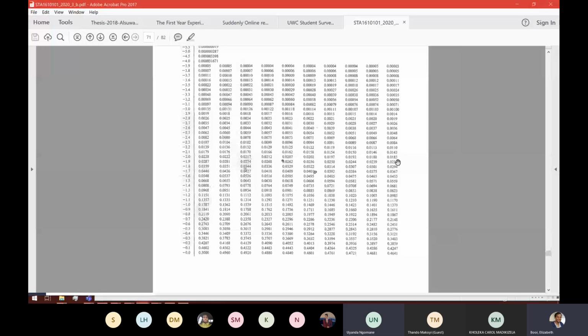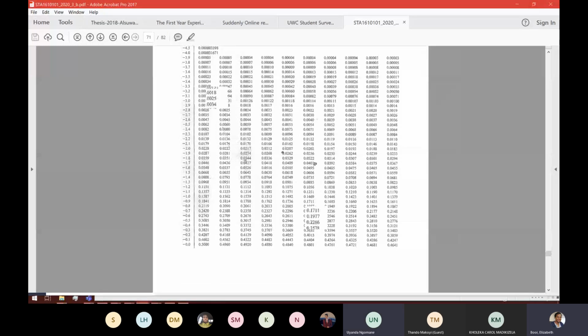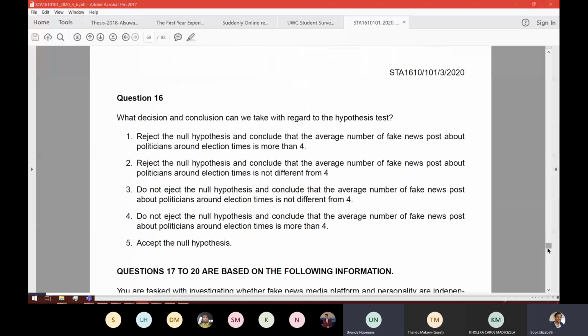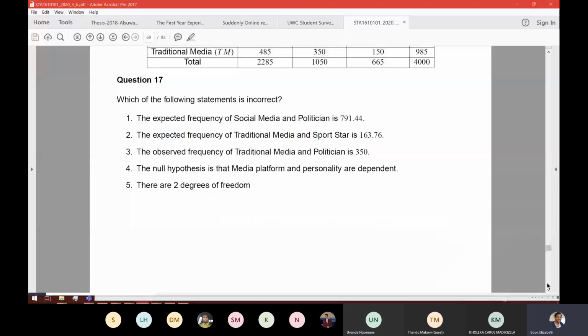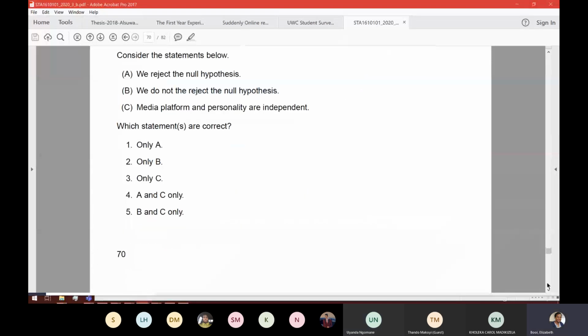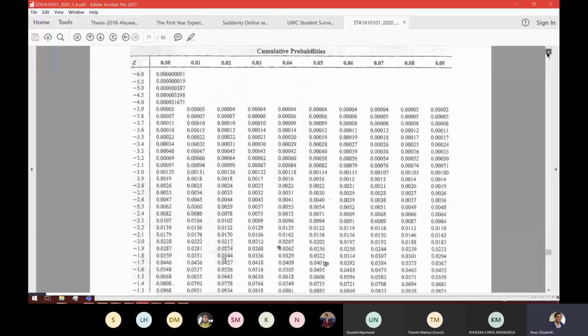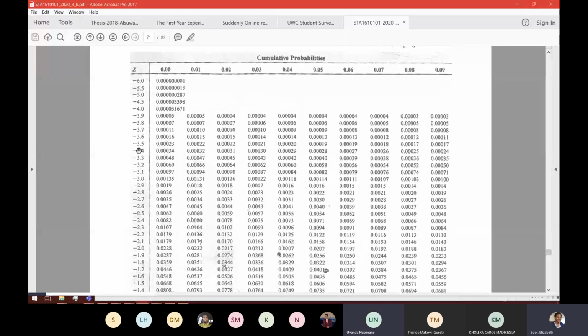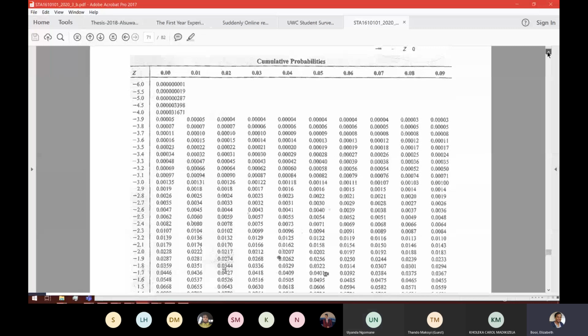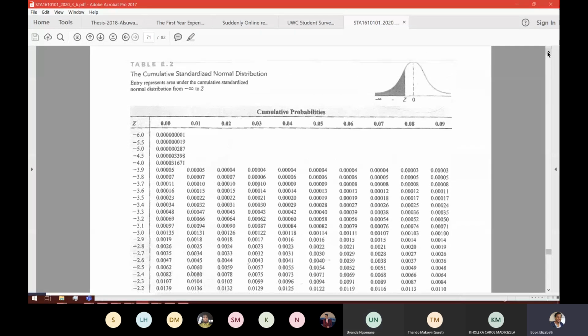On the table, it has the values on the side and the values at the top. This is your cumulative standardized normal distribution table, table E2.